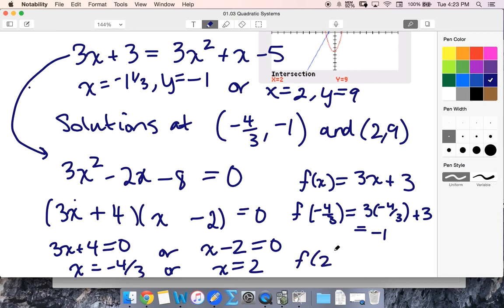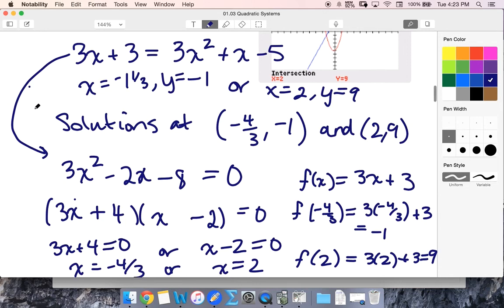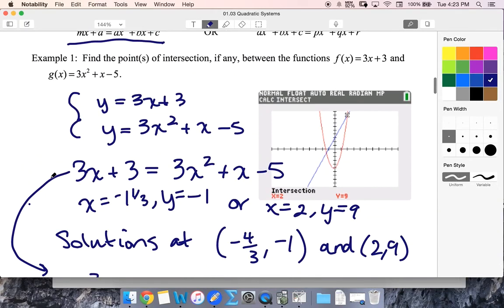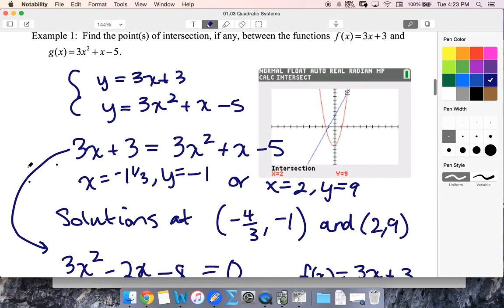And f of 2, 3 times 2 plus 3 is 9, which we had hoped as well. So we used our calculator as one way to solve, and we also used algebra as a second way to solve. And you can use either one. This type of problem might appear on a non-calculator paper, but if you've got your calculator, by all means use it.